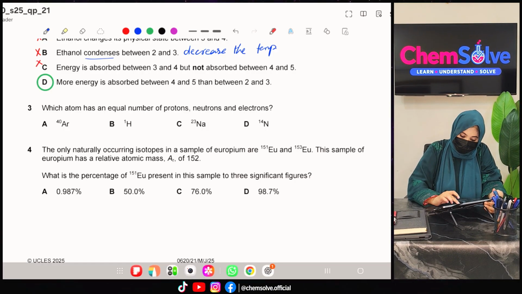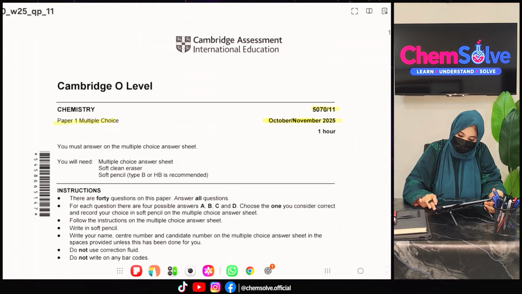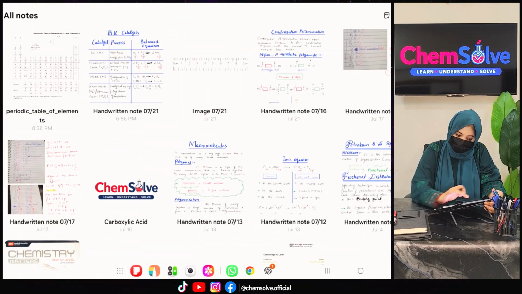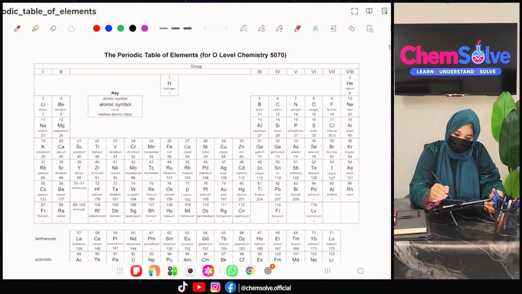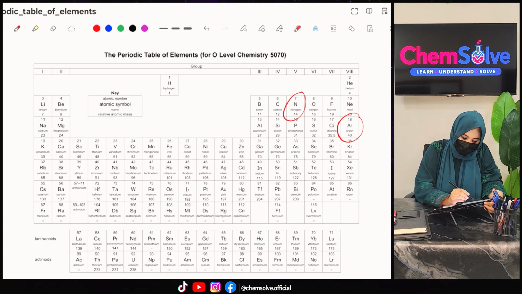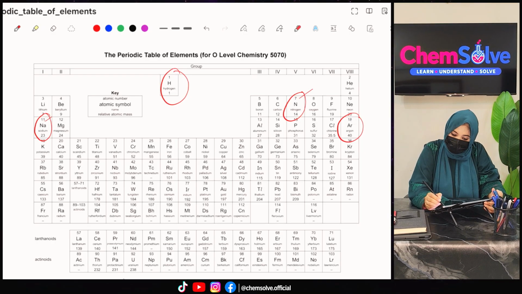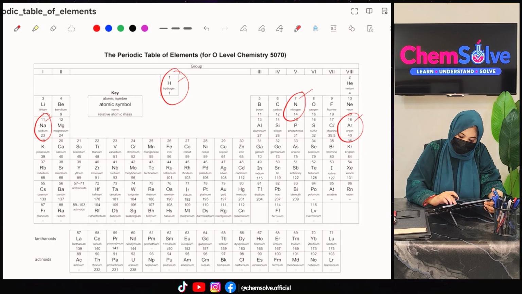According to the periodic table, here is Ar, it has 18 and 40. Here is nitrogen, it has 7 and 14. Sodium has 11 and 23. And hydrogen is 1 and 1. So 11, 7, 18 and 1.